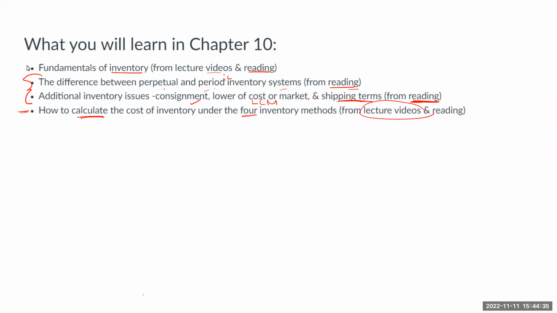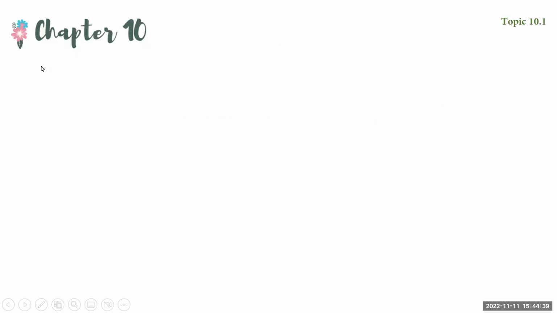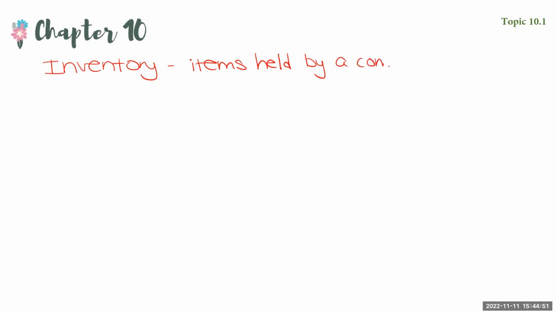All right, so let's go ahead and start with those fundamentals of inventory. If we remember in chapter 6, we were introduced to inventory. So these are items held by a company for the purpose of resale.